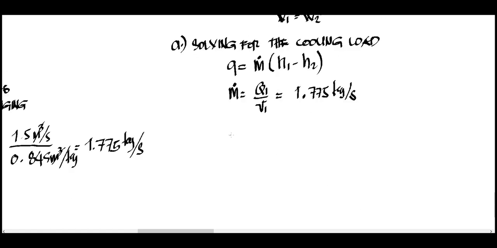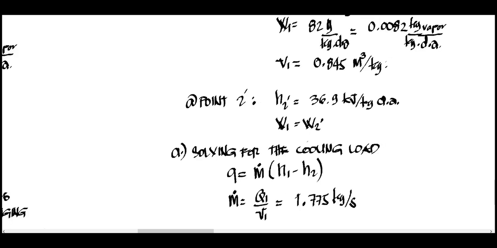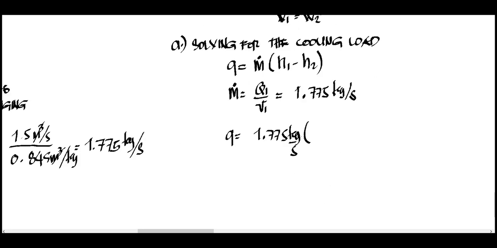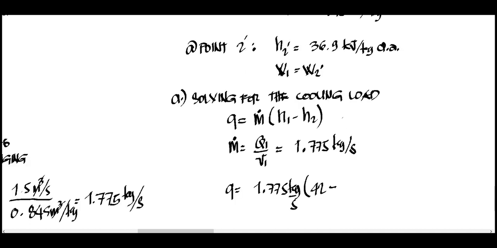Now substituting the values, we have 1.775 kilogram per second multiplied by the enthalpy 1, which is 42, minus 36.9.